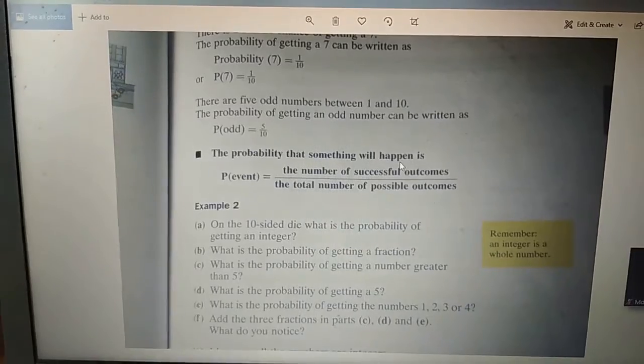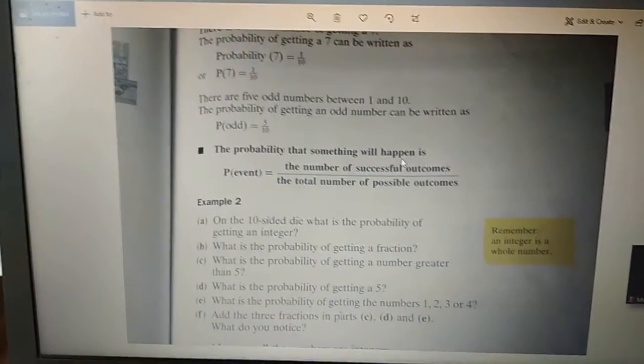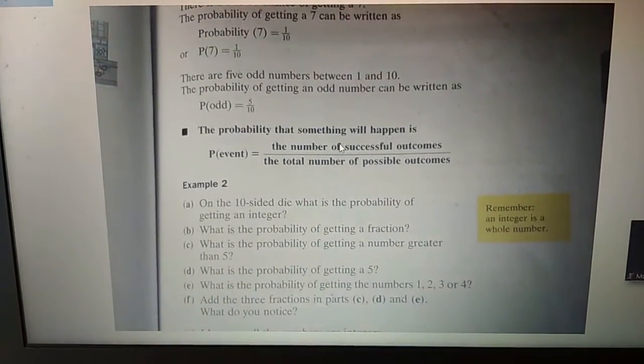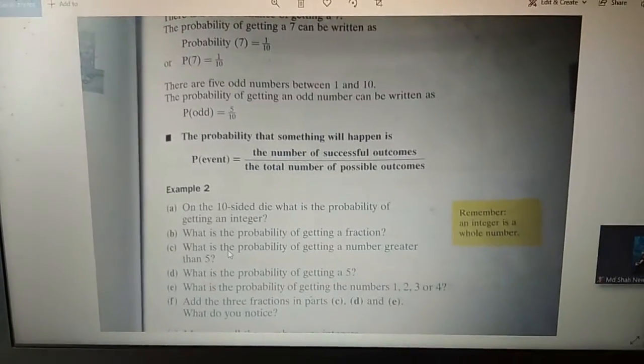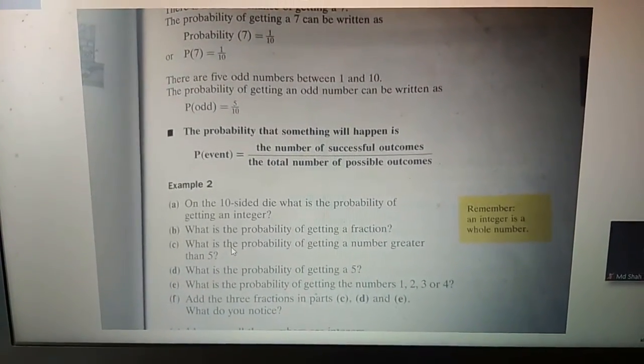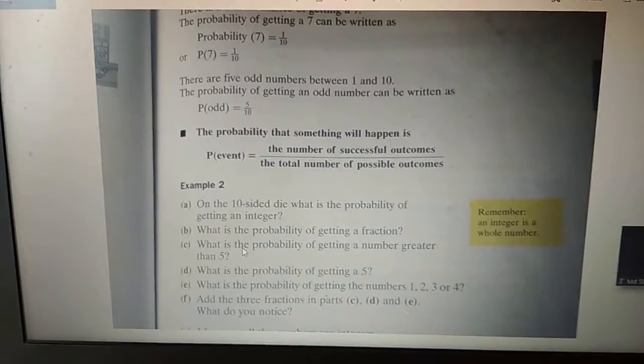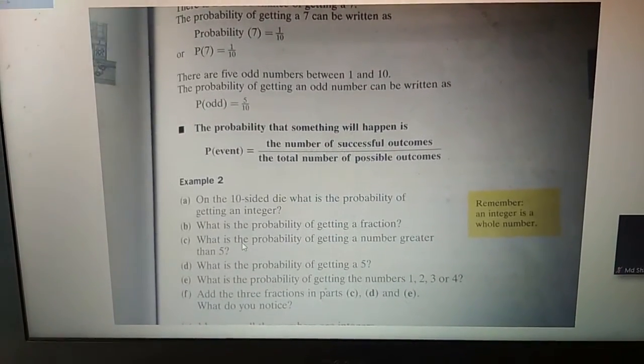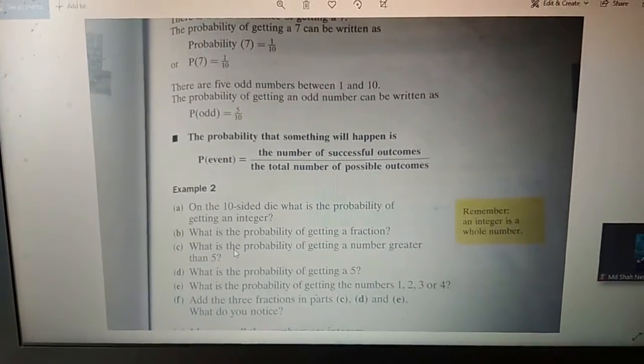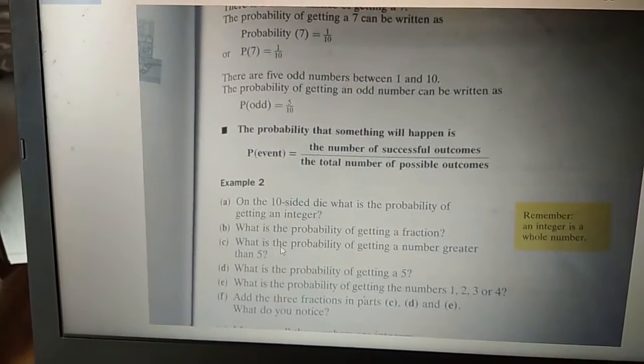Probability has a formula. The probability that something will happen is P. Here we have an event. As I told you, anything that is happening, like rolling a dice, is called an event.